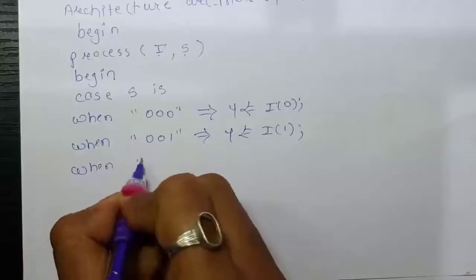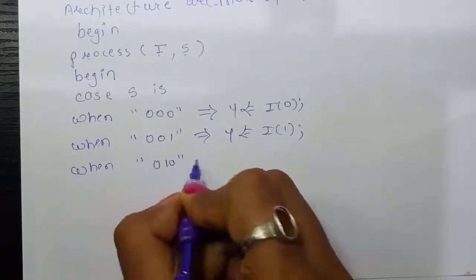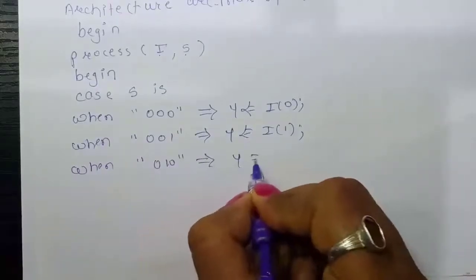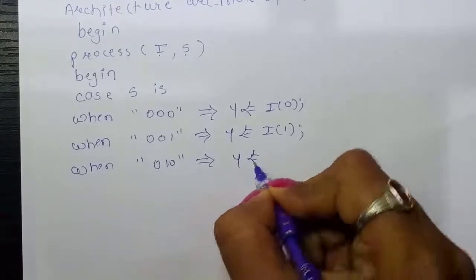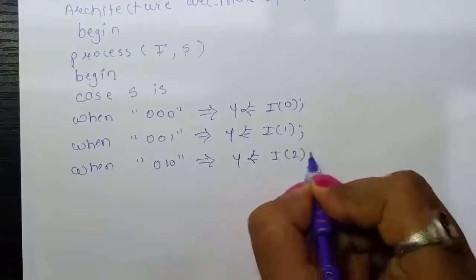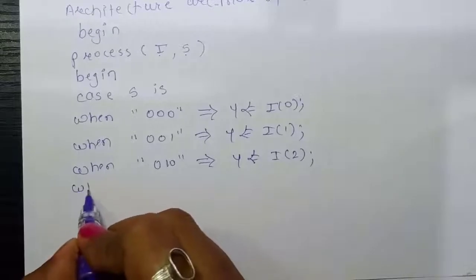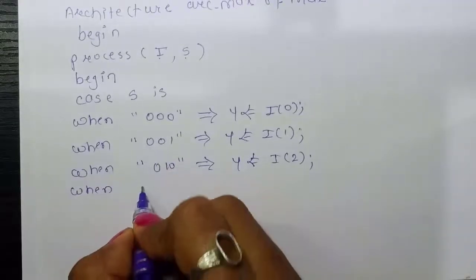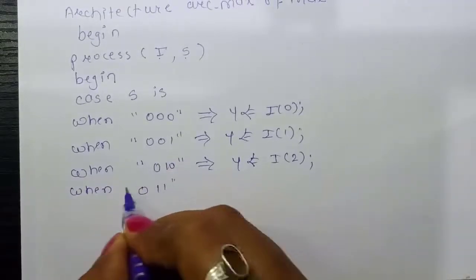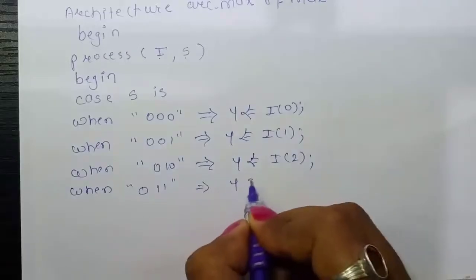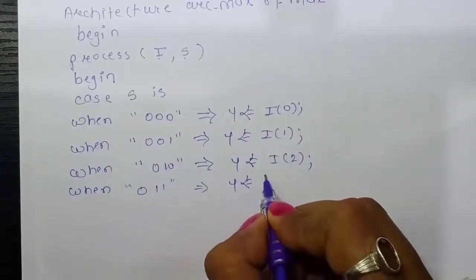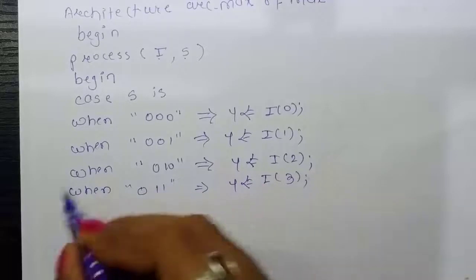When selection line is 0 1 0, output will connect to I2. When selection line is 0 1 1, then again output will be assigned input line I3.